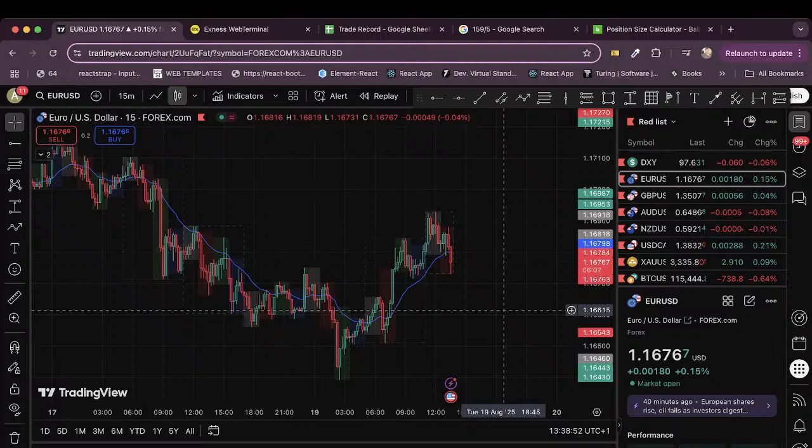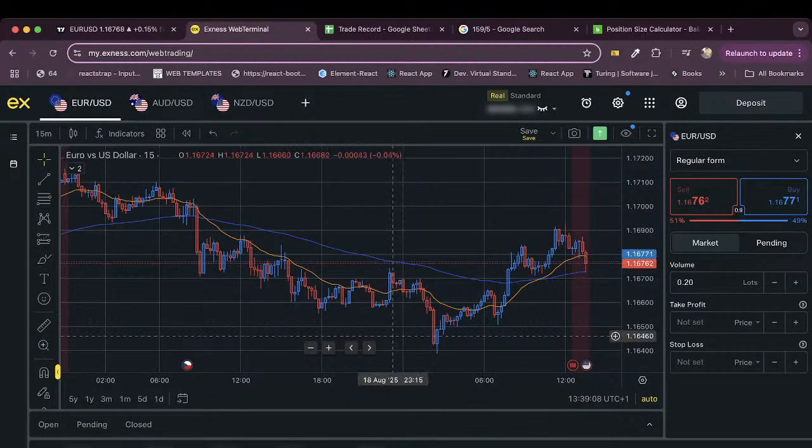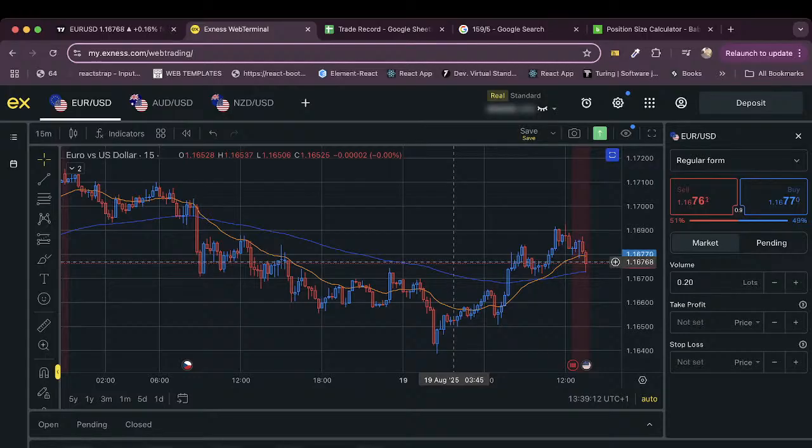If you look at my chart, you will see there are a couple of things that are missing there, which is because I removed some tools that I initially had on the chart. On the other side, we have here the XNX chart. Basically, we'll be using XNX to execute any trade we deem fit enough for us to take.